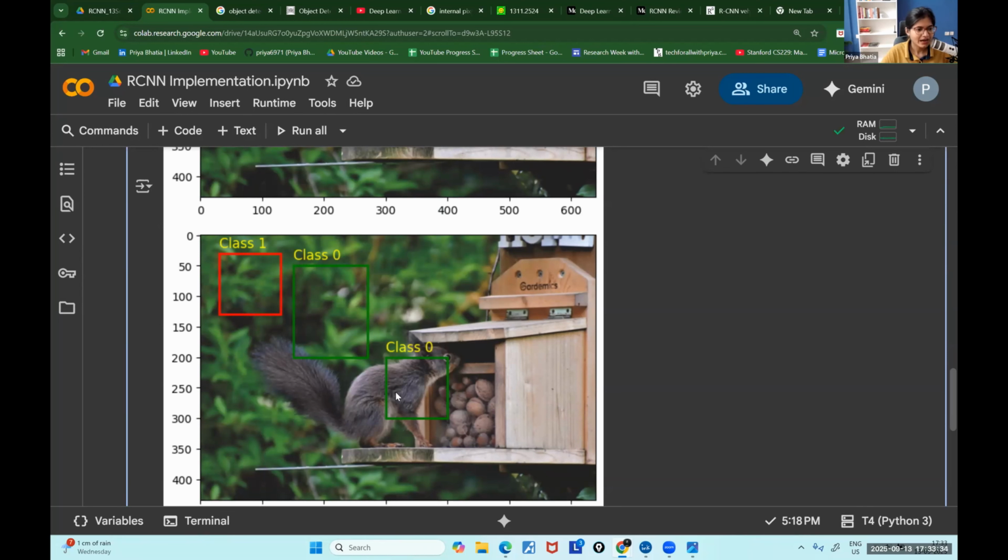And class 1 is getting the background of the greenery. But still, you can see that here we have two class 0s available, and in the other class 0, the rat part is very less. Can you observe over here? Still it is trying to detect this. What could be the possible reason for the same? Any guesses?